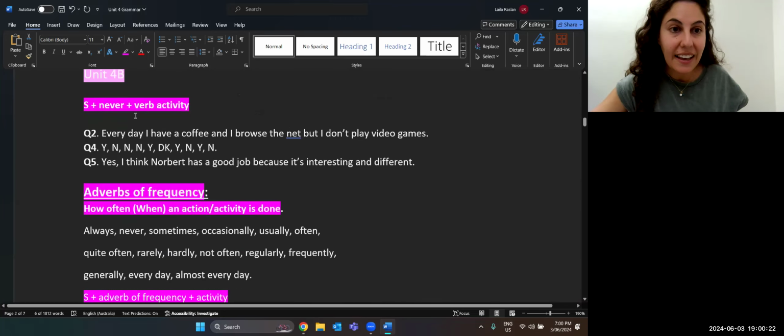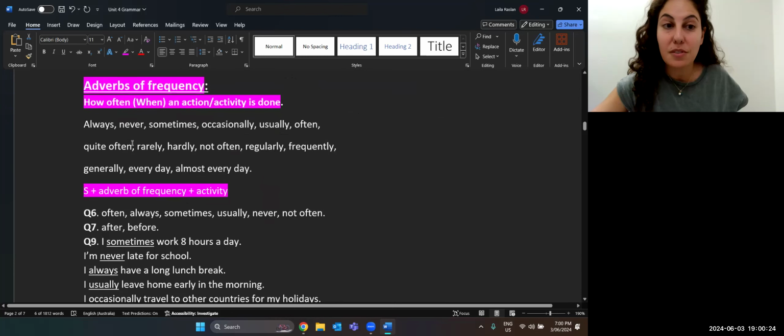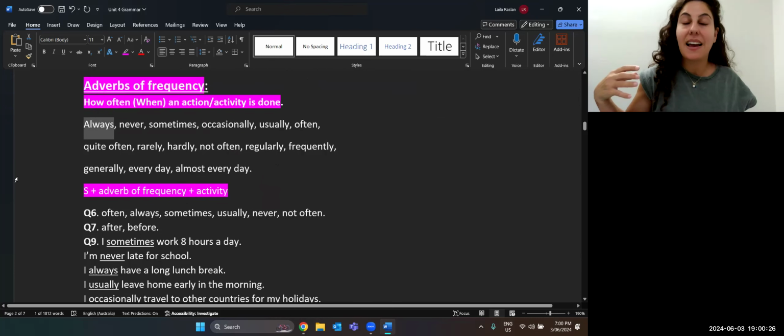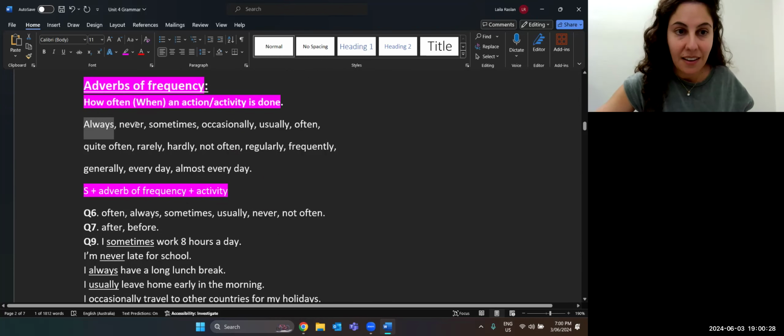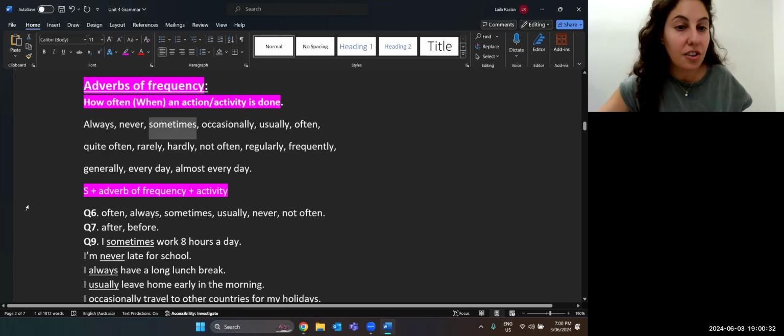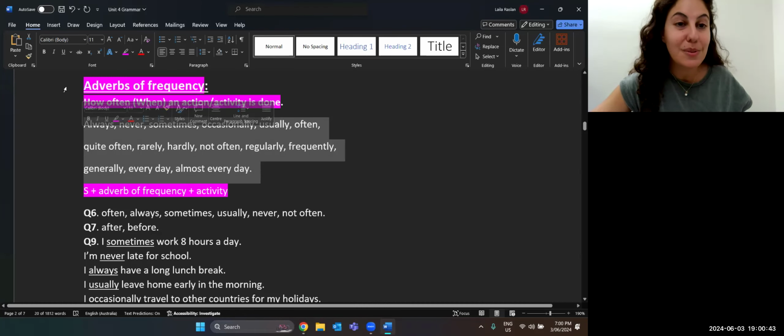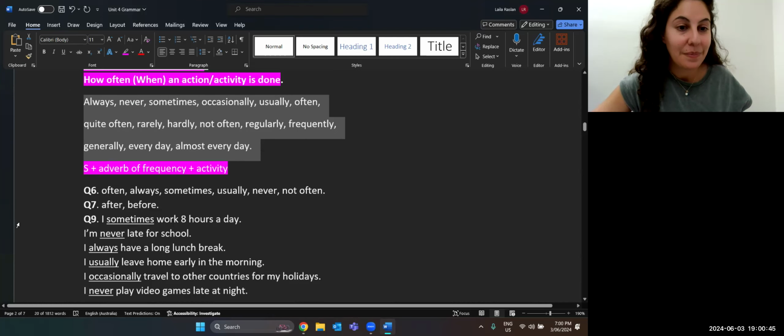We then looked at talking about these adverbs of frequency. So now we can say, I always go swimming. I never go running. I sometimes go to the movies. I usually go to the cafe. I often see my friends. Okay, these words are called adverbs of frequency.